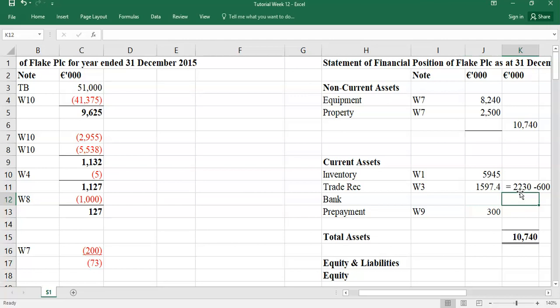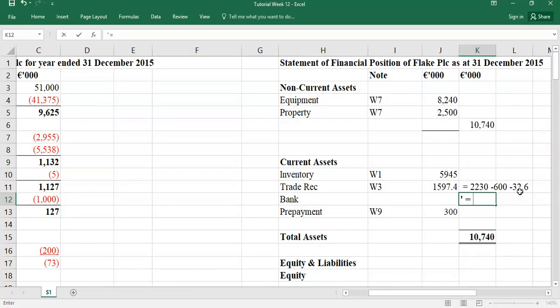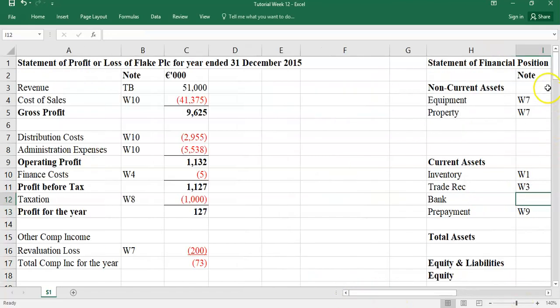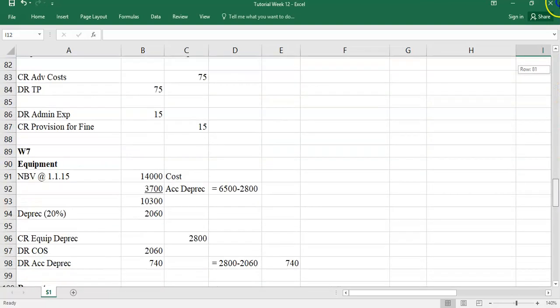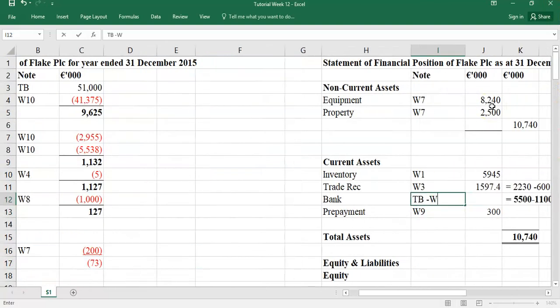And your bank then, just be careful with one or two adjustments to the bank. That is the opening balance 55. In working 7, we paid tax of 1.1 million and we paid 900. So that's our tax working. I think that's actually working 8, just double check. Trial balance minus working 8. Yep. So your closing is 5500 minus 1100 minus 900.